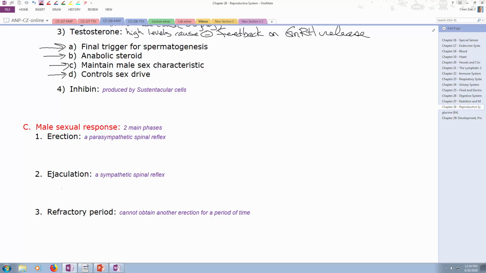And spermatids, excuse me. But there is a time when the Sertoli cells will say, we don't need any more. We're full here. The tubule is full. And so Sertoli cells will produce a hormone called inhibin. And inhibin inhibits FSH release.